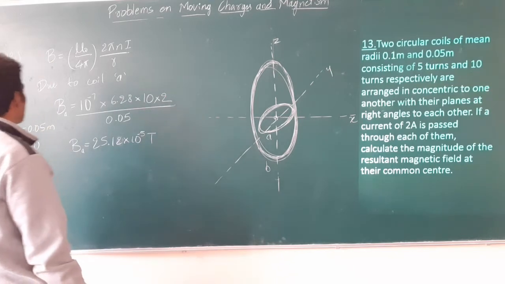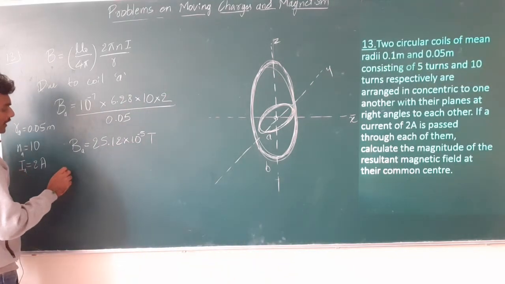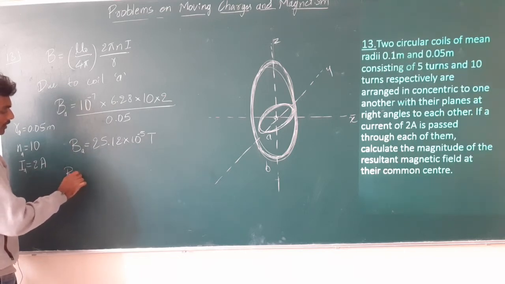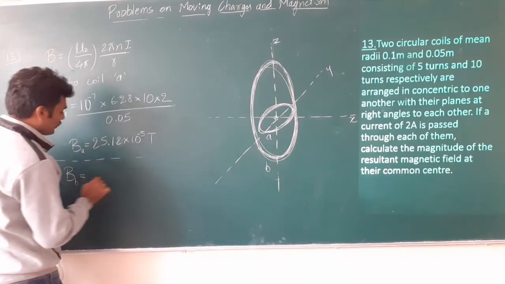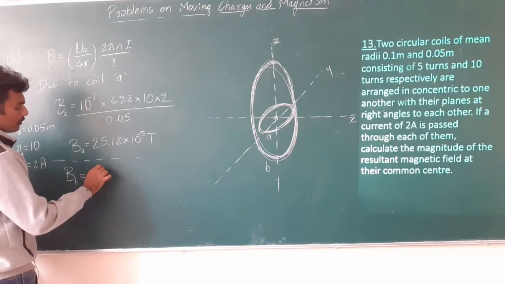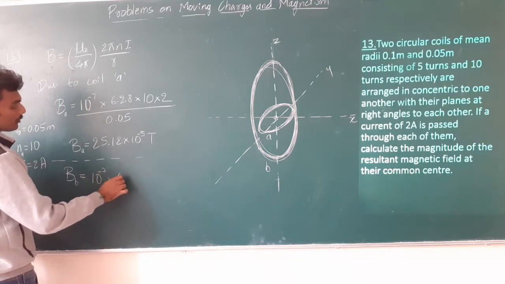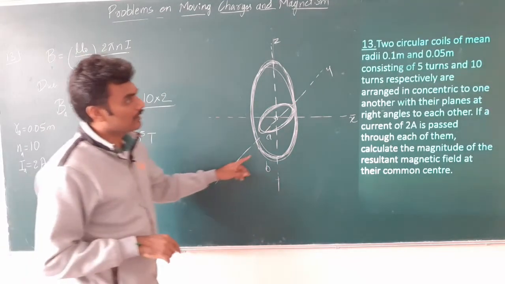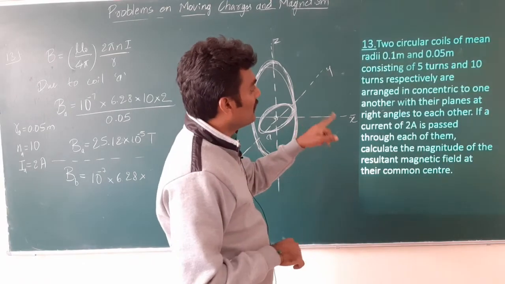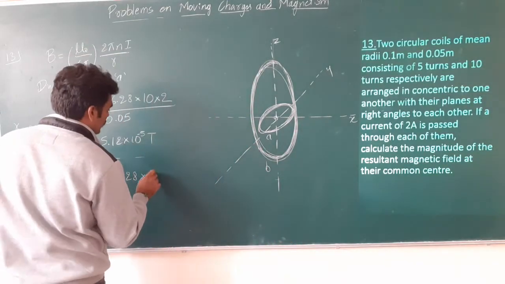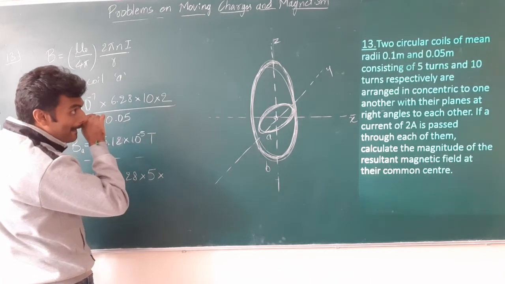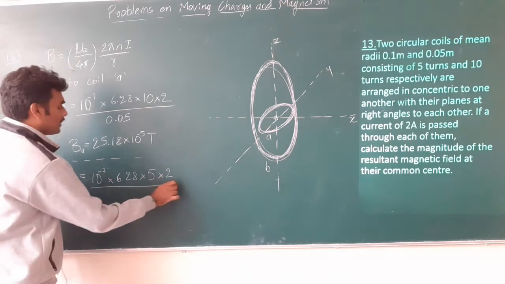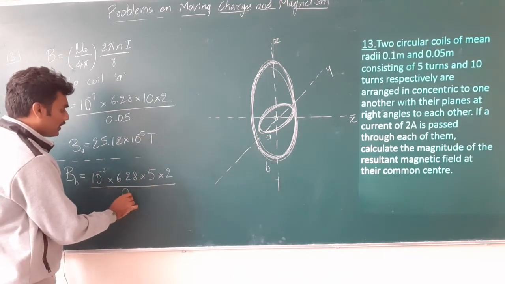Right, let's go for the second coil B. Magnetic field at O, the center, due to coil B, is equal to mu naught by 4 pi, 10 to the power of -7, into 6.28, into number of turns in the bigger coil, which is 5, into current in that coil, again 2 ampere, divided by radius of the coil, 0.1 meter.